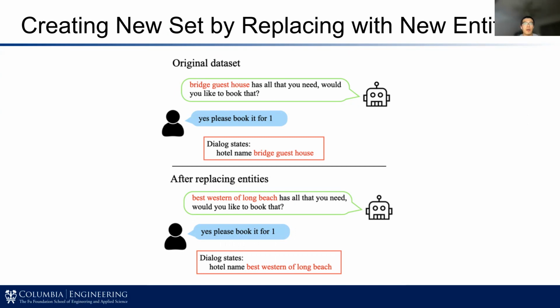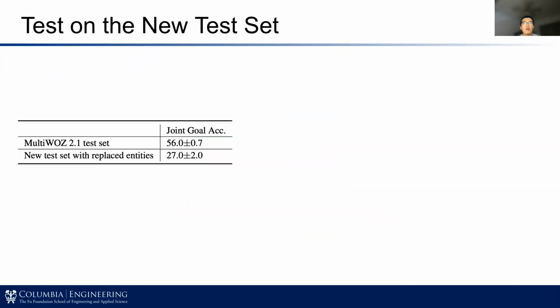Specifically, we replace all slot values with new unseen entities from the Google SGD dataset to form a new test set. We then run the model on the new test set and compare with the old one. There's a huge drop, about 29% in the joint goal accuracy.